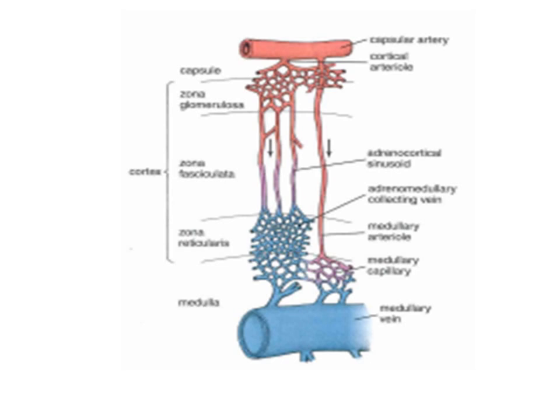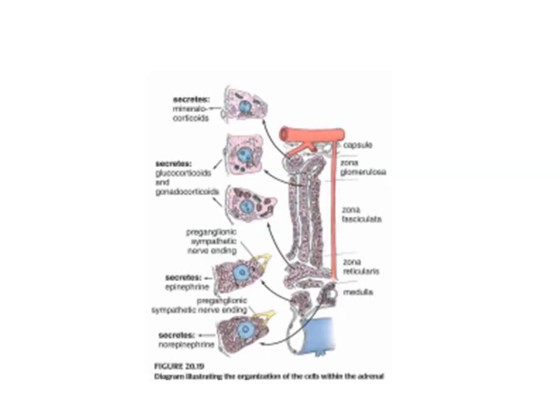So one is the superficial plexus and the other is the deep plexus, which is present in the zona reticularis and medulla. From there arise the veins which drain into the suprarenal vein, which drains on the right side into the inferior vena cava, and on the left side into the left renal vein.